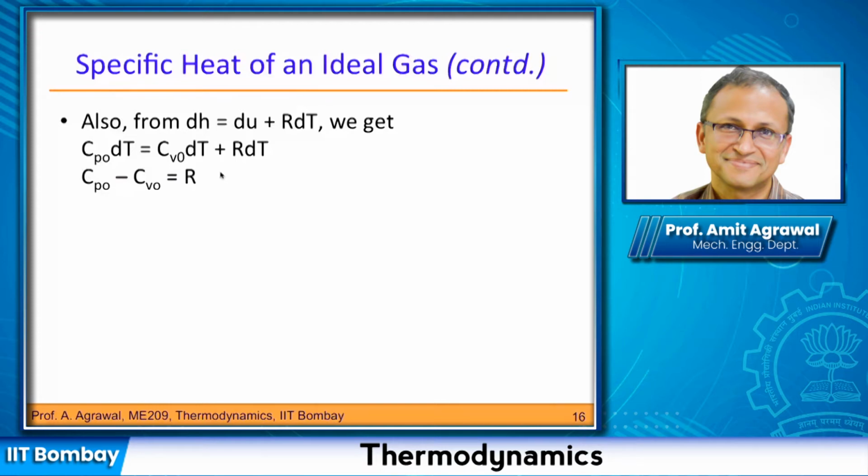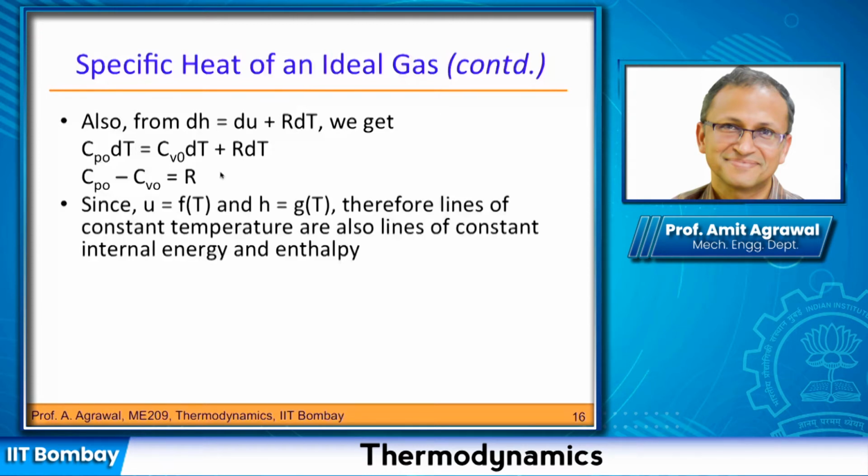So essentially, it means that although Cp0 and Cv0 are both functions of temperature, the difference is going to be a constant, independent of everything else. It also means that because u is a function of T and nothing else, and similarly h is a function of T and nothing else, lines of constant temperature are also lines of constant internal energy and enthalpy.